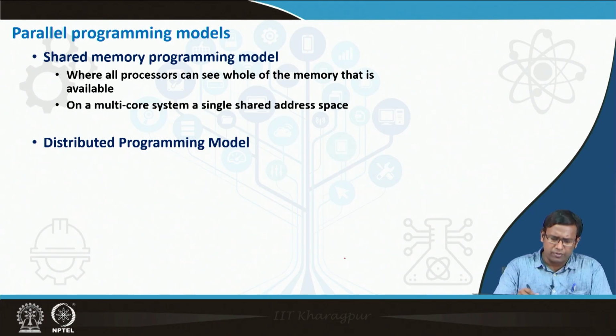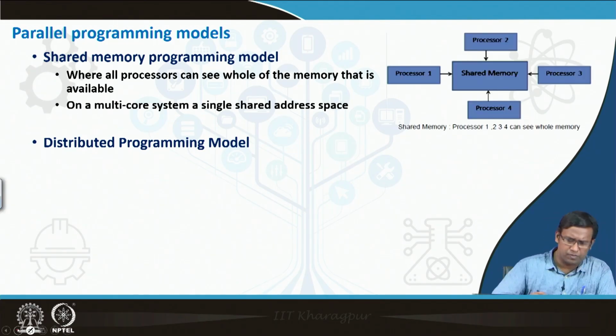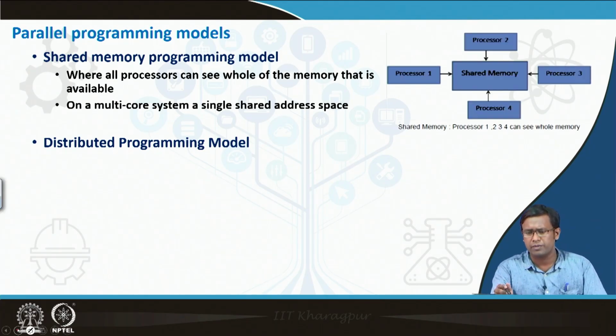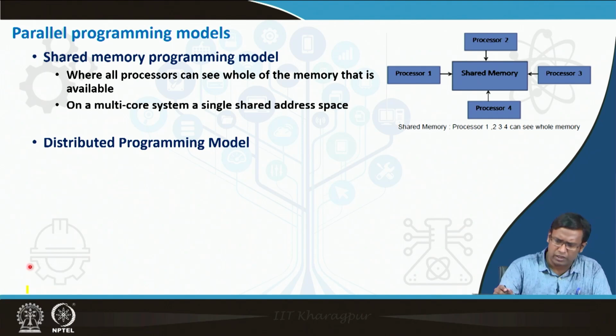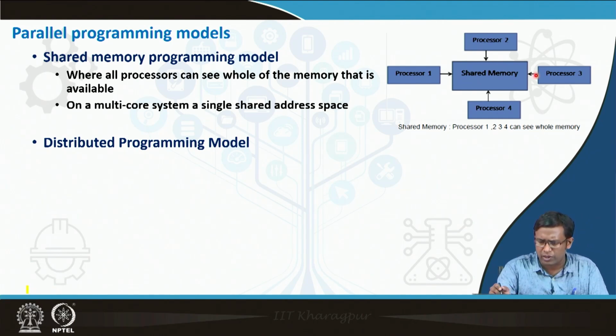In shared memory, we can see that there is a common address space, let's go to the pointer, there is a common address space to which multiple processors are connected. So whatever they are working on, they work on common address space variables.